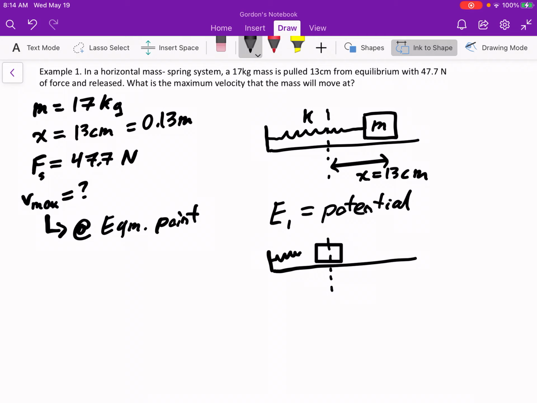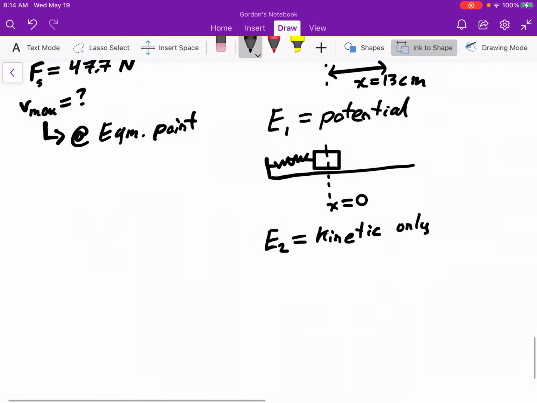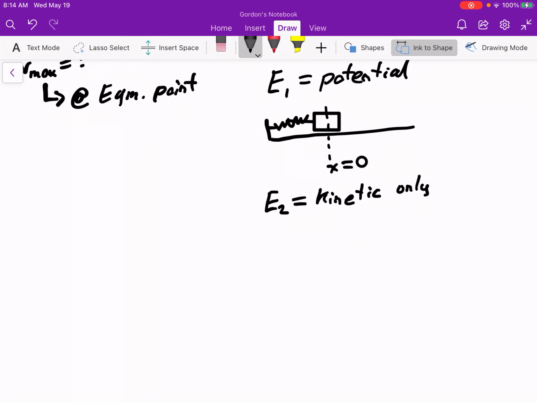Well, obviously x is 0 at this point. So we don't have any potential energy left. All we have is kinetic energy. And we don't have to worry about friction. We don't have to worry about any losses of energy.